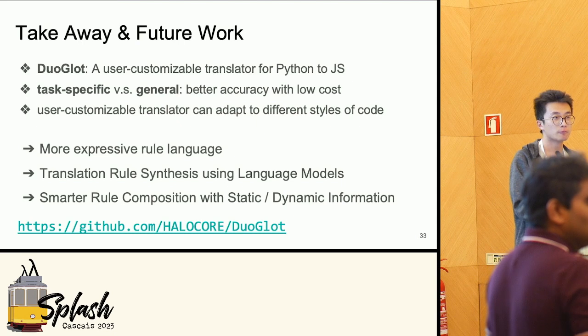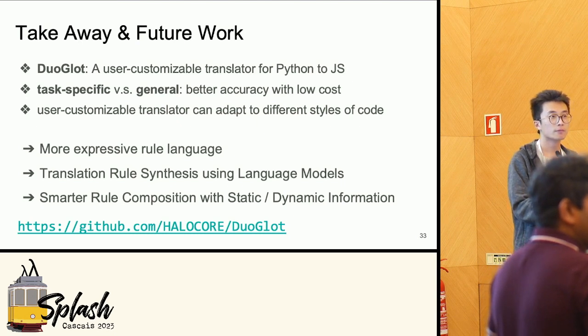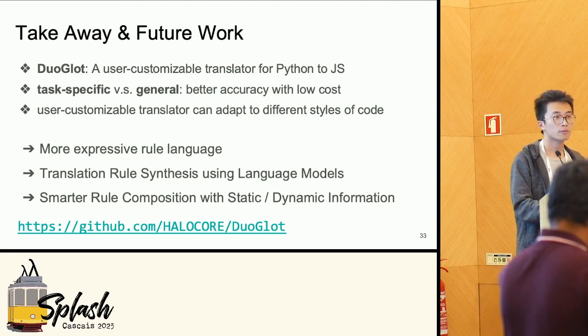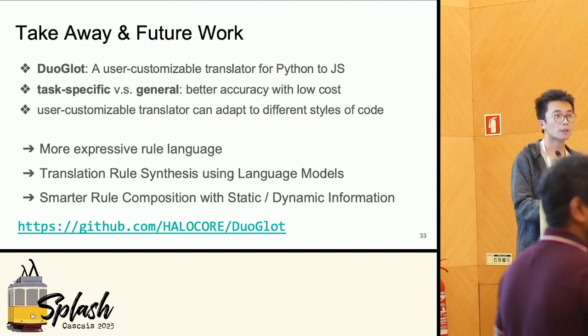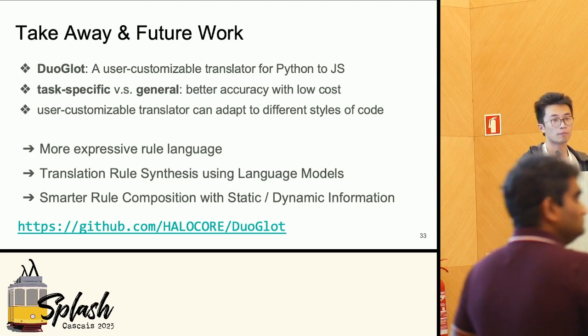I just wanted to clarify one thing. DuoGlot requires a suite of unit tests. If you're going from Python to a later version of Python, you could just reuse the same suite of unit tests. But if you're going from Python to JavaScript, does the user have to provide that suite of unit tests themselves?